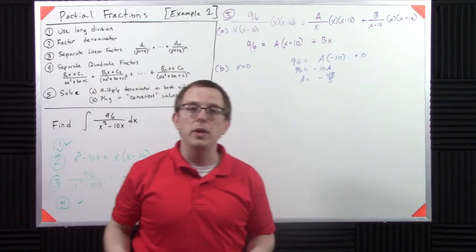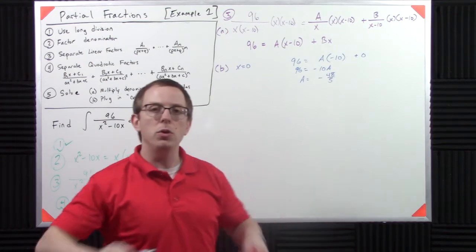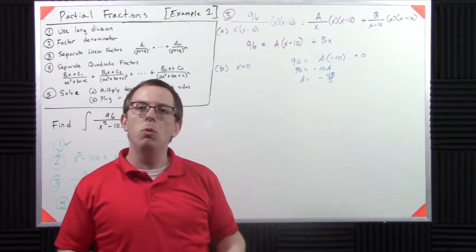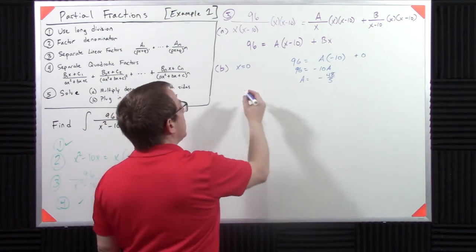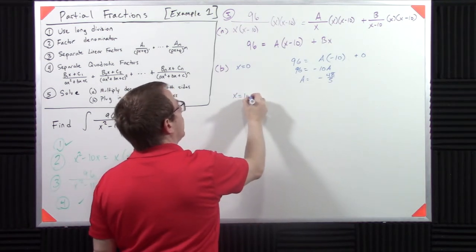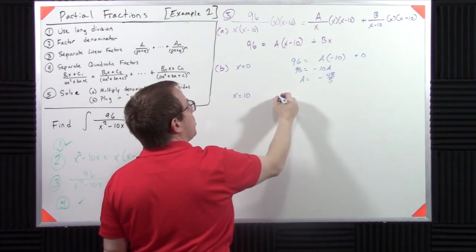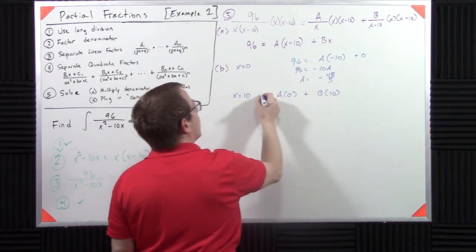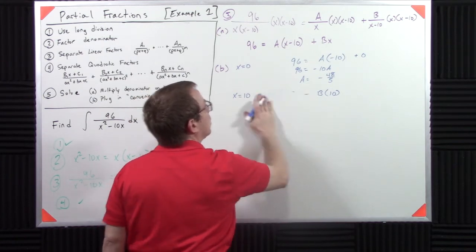So that's one value, that's A. Now to get the other value, you say, okay, what's going to make this A term disappear? Well, what if x is equal to 10? Then that term disappears. Sorry, still have a 96.